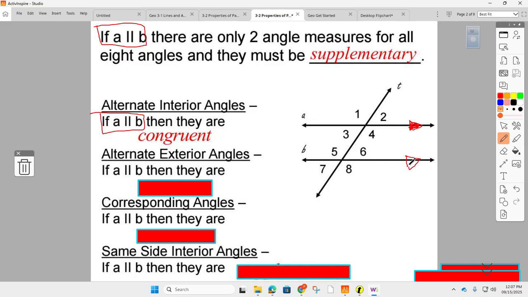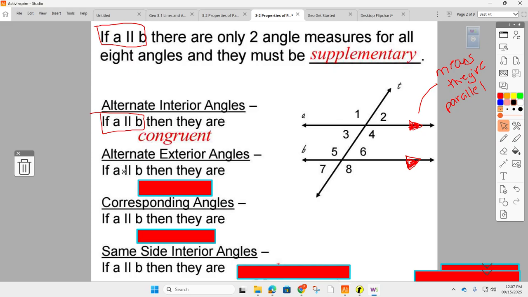It tells us that these 2 lines are parallel. So you are writing that in your notes right now, putting the little indicator on there. It means they're parallel. So now we've marked that line A and line B are parallel to one another. Line C is the transversal.